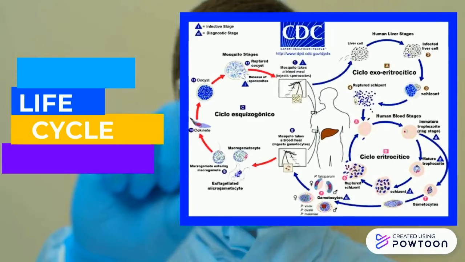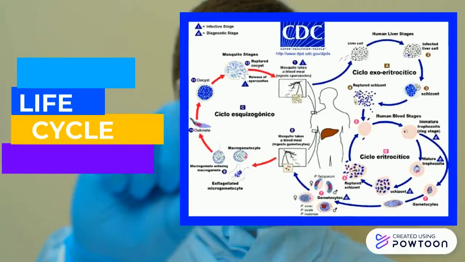After this initial replication in the liver, exoerythrocytic schizogony, the parasites undergo asexual multiplication in the erythrocytes, which is erythrocytic schizogony. Merozoites infect red blood cells. The ring stage trophozoites mature into schizonts, which rupture, releasing merozoites.